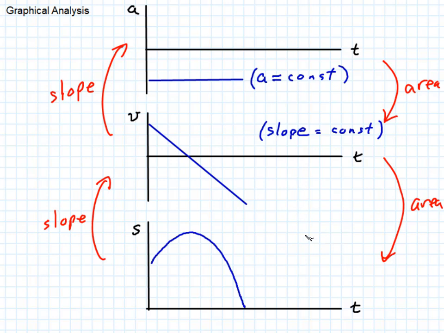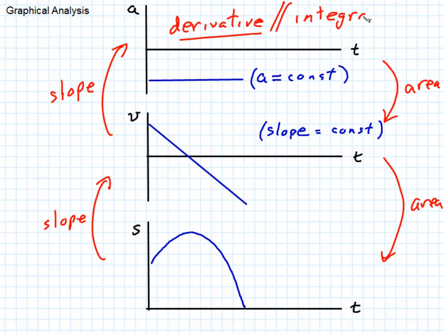And by the way, when you get to calculus, this is what calculus is all about. We have a pair of operations. Finding the slope everywhere along a graph is called finding the derivative. And the process is called differentiation. And finding the area under the graph is finding the integral.